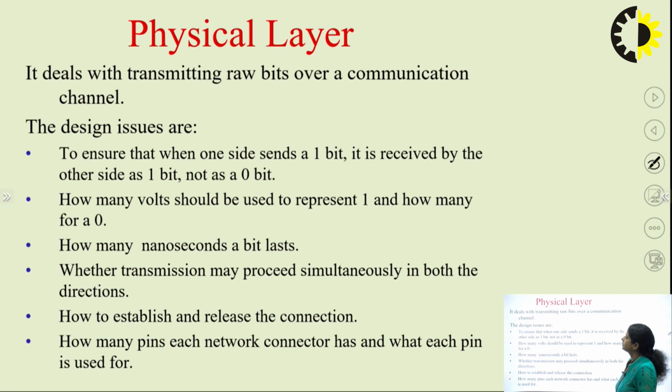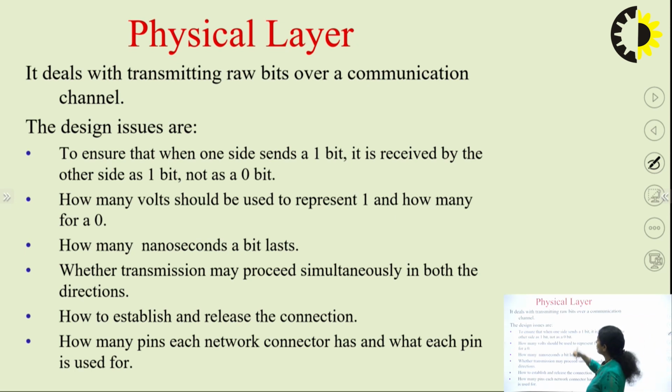Some more functions of the physical layer include: it deals with transmitting raw bits over a communication channel, but again we have some design issues. What are the design issues? Like we have seen in the earlier slide, the data will be traveling in the form of bits.